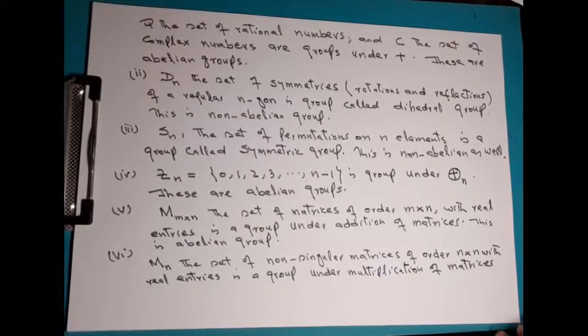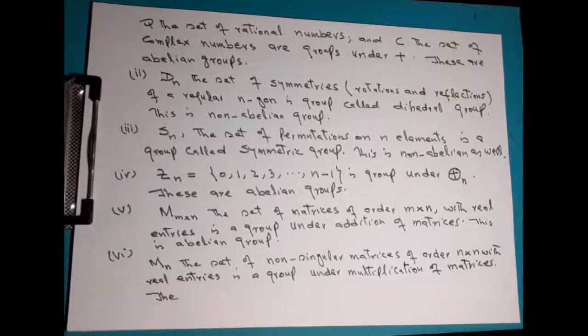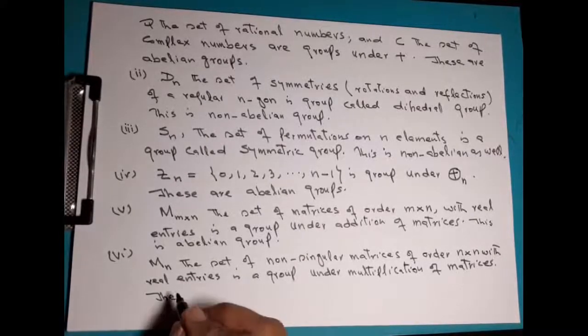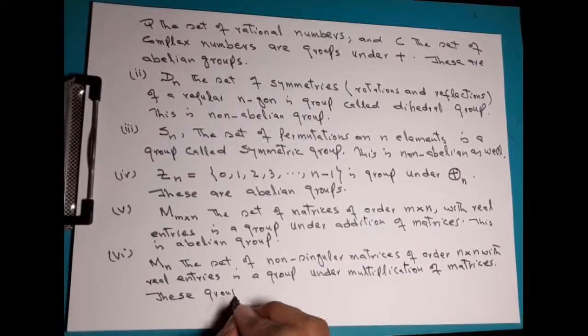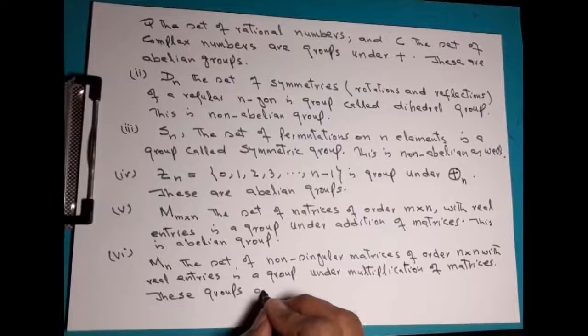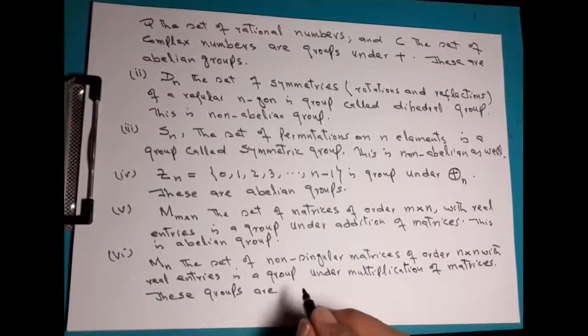And this group is non-abelian. This is not only one group, these are many groups. In fact, for each natural number n, you will get such a group.